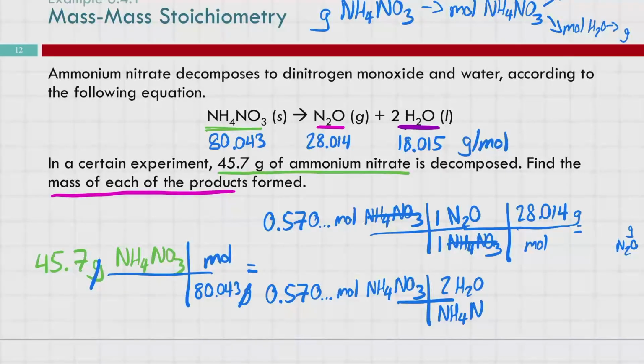And the NH4NO3 goes on the bottom. Then we multiply by our molar mass for water, and we'll get some amount of grams of H2O.